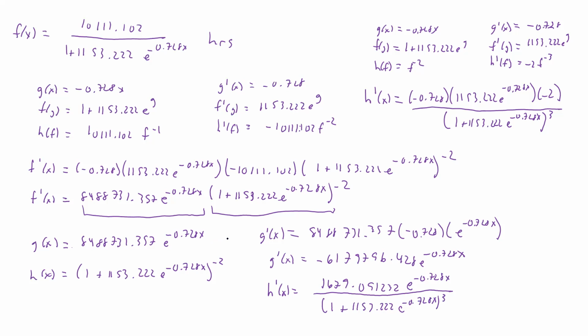Now we're going to use g prime of x times h of x plus g of x times h prime of x. And that will give us, hopefully we have more pages, our f double prime, our second derivative of x.